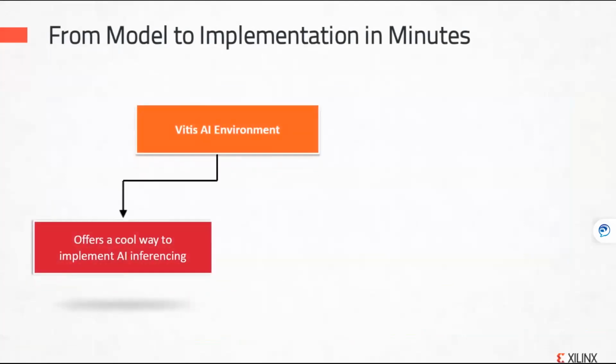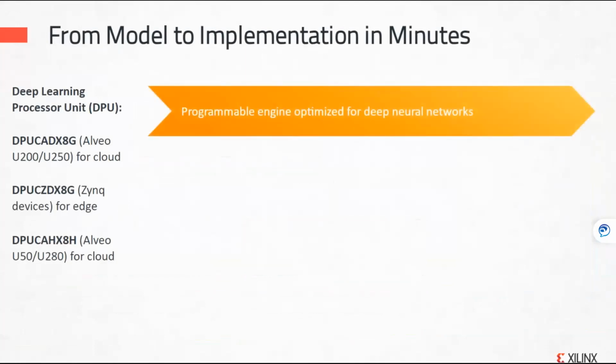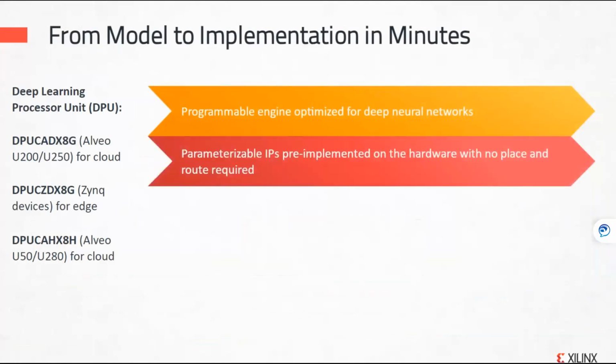For AI developers, the Vitis AI development environment offers a cool way to implement AI inferencing. It provides a series of deep learning processor units, or DPUs. Let's talk more about DPUs. A DPU is a programmable engine optimized for deep neural networks.